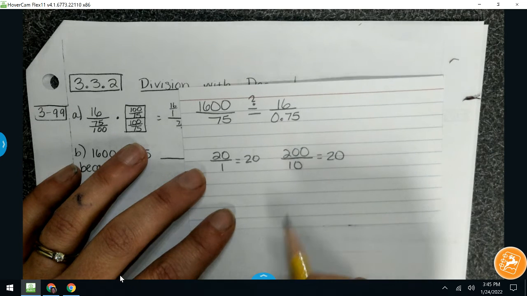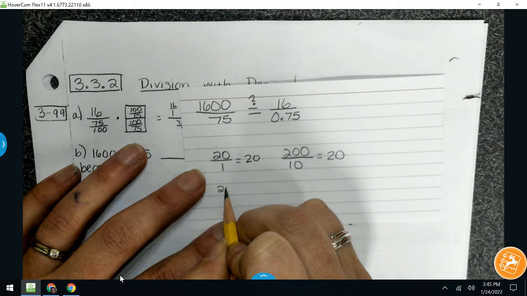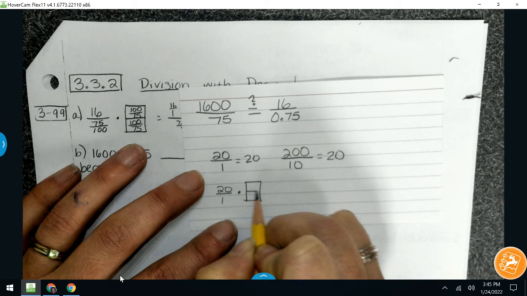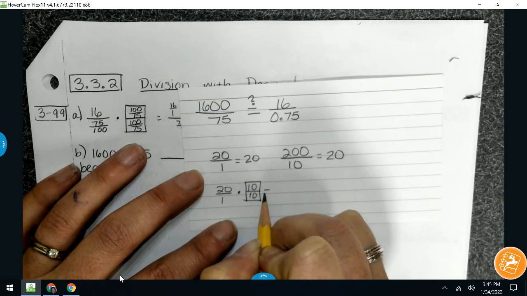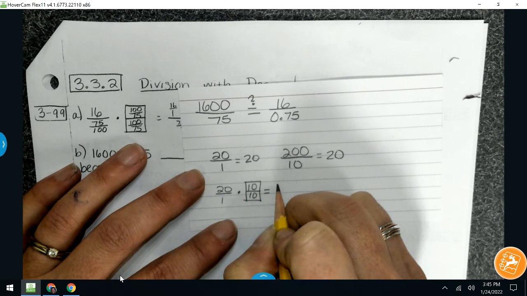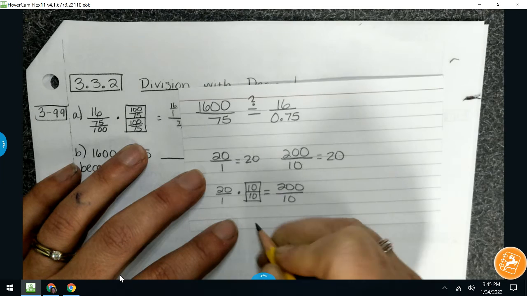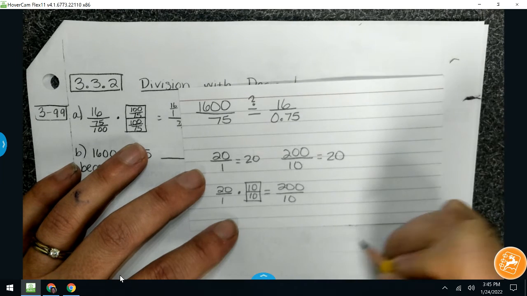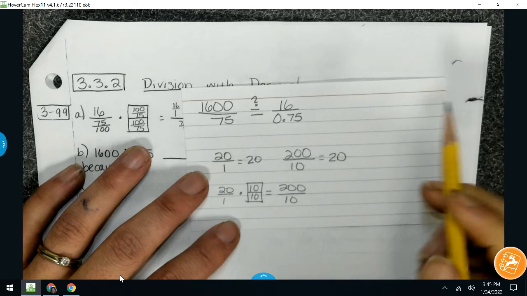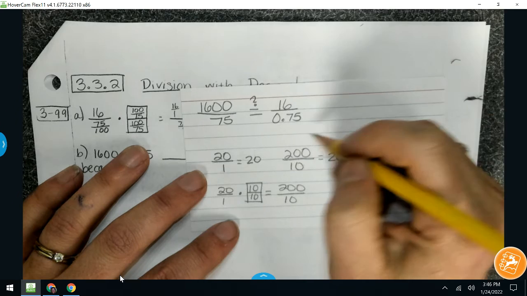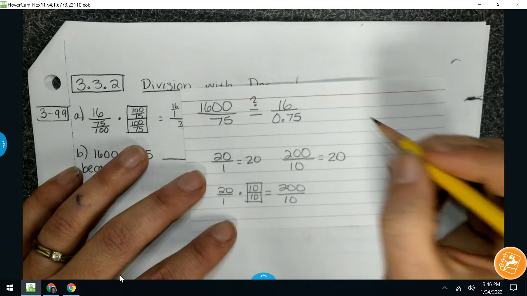And part of that is because I can take my 20 divided by 1 and multiply it by 10 over 10 to get 200 over 10. Because I can do that, they're equivalent fractions. Sometimes kids don't like for the smaller number to be on this side.